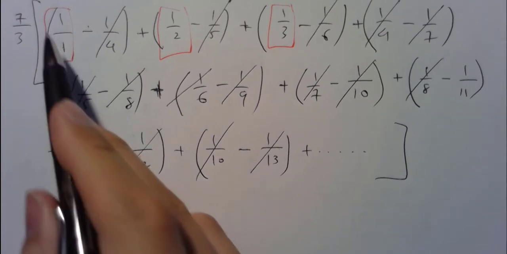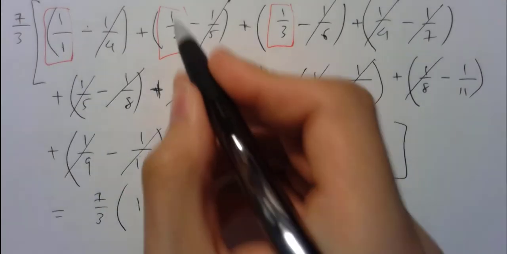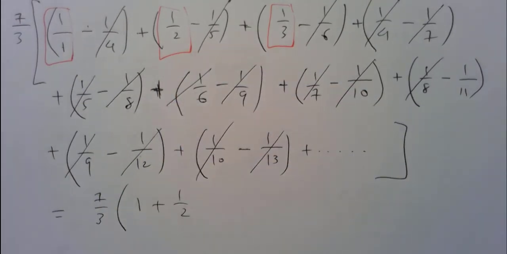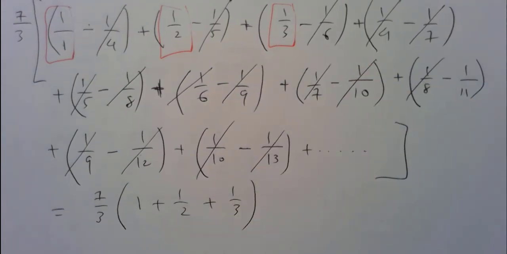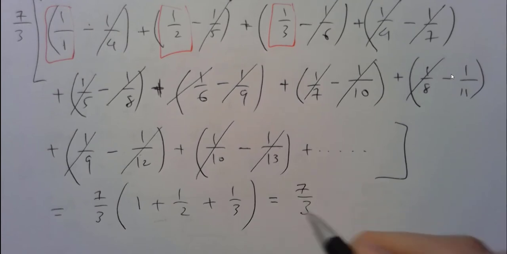We have 1 over 1, 1 half, and 1 over 3. Okay, so let me do a quick calculation here. 1 plus 1 half plus 1 over 3. If you convert that to a fraction, this whole thing here is 11 over 6. So we take 7 over 3, multiply 11 over 6.